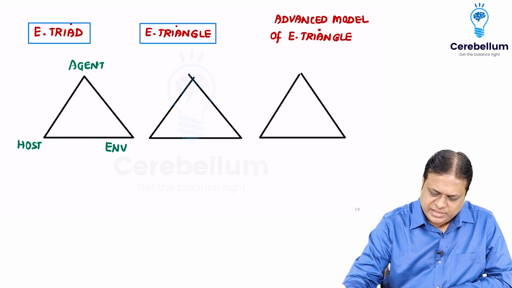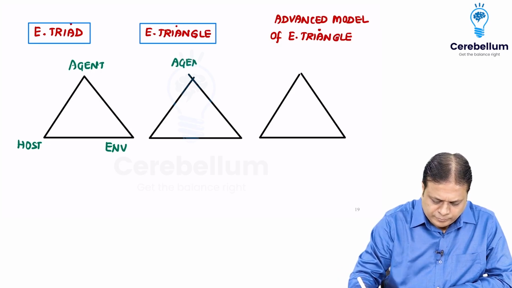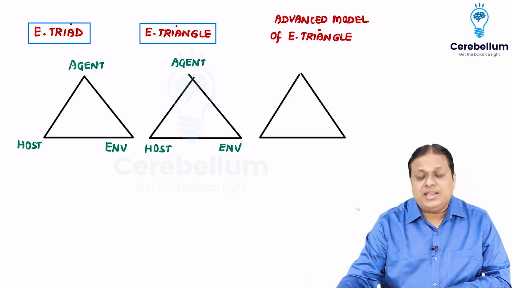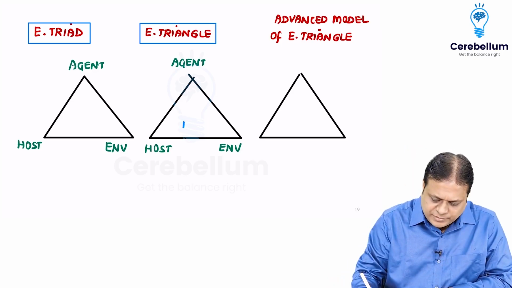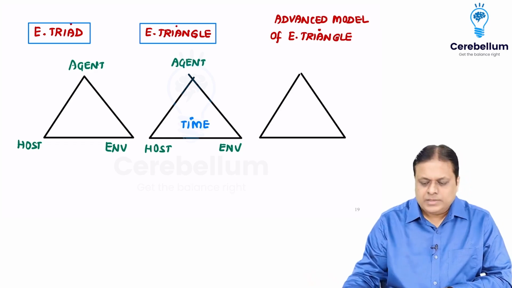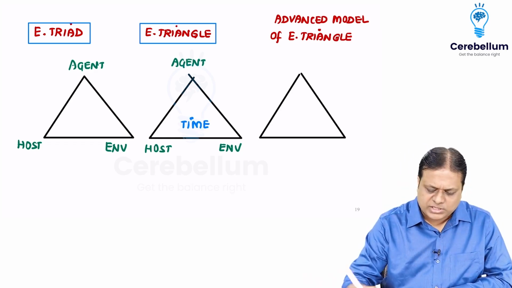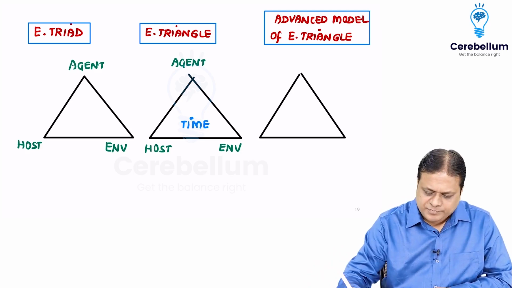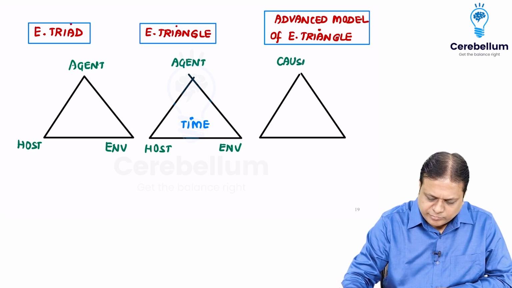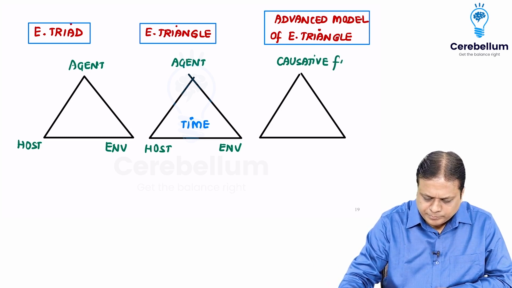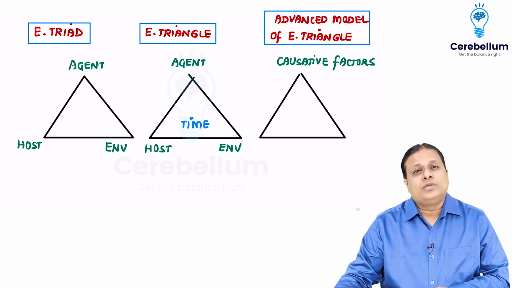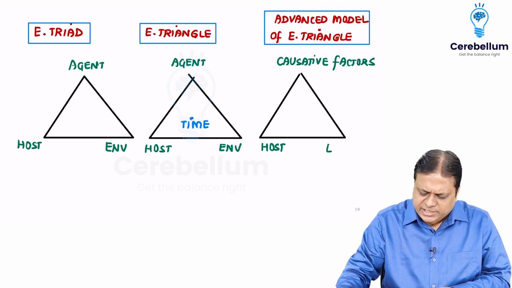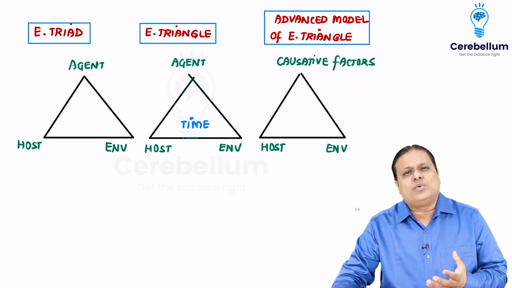We have agent, host, environment. But it has an additional fourth factor in the center, that is time. Now in advanced model of epidemiological triangle, what is different is causative agent is replaced by causative factors. Host is same, human being, single, family or as a community, and it says not just environmental factors are required for disease to occur.